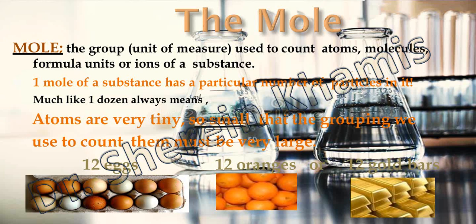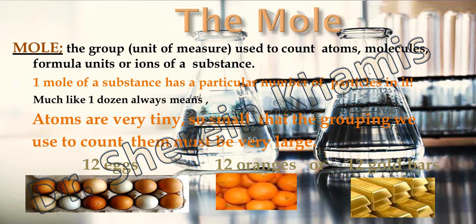So I wanted to measure atoms. Atoms are so tiny that I can't take one atom to measure or count it. So we use grouping, and the group must be very large.